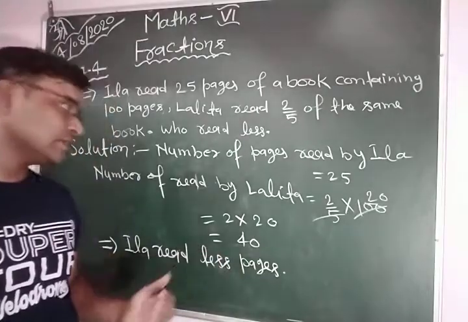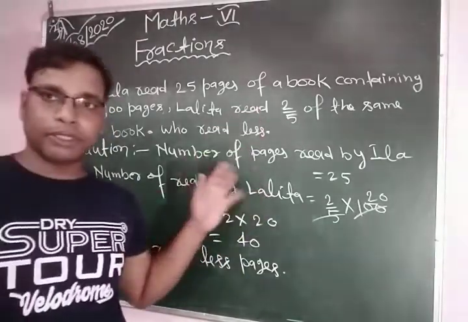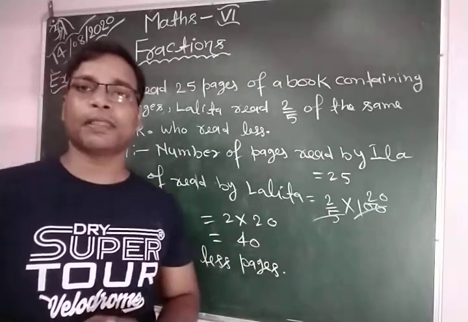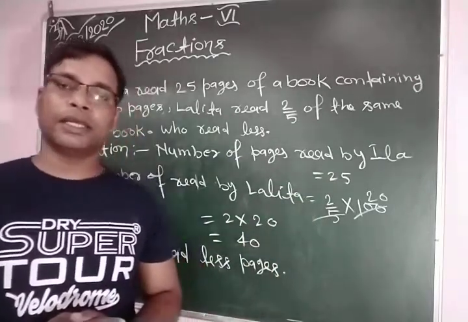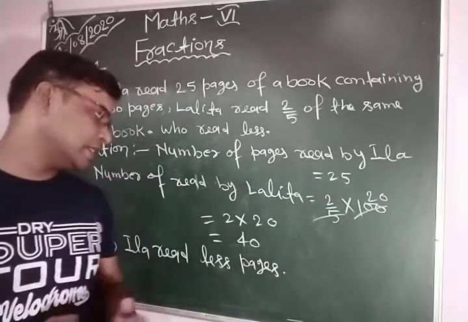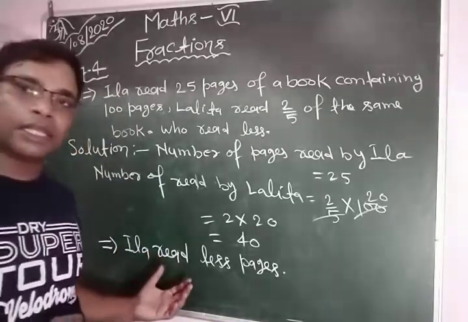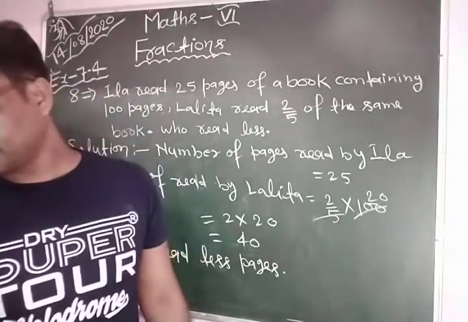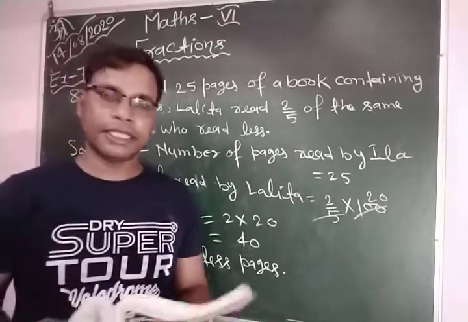Okay. So from our discussion you can see 25 is less than 40. It means the number of pages read by Ila is less, or you can say Ila read fewer pages. Okay. Now the next question.